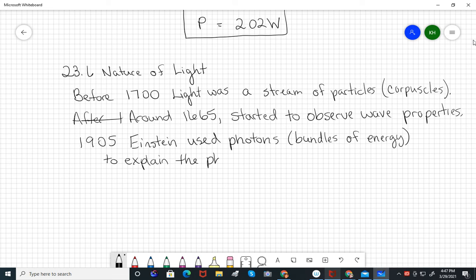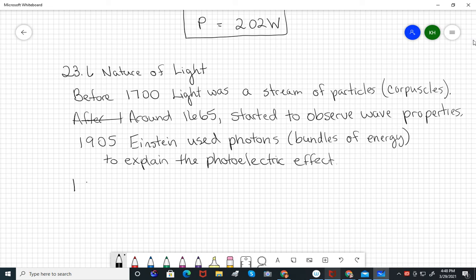I think we're going to do a lab on the photoelectric effect. I'm not sure. So we've gone from light as a stream of particles to, no wait, light is a wave. Look at all these wave properties it has. Back to, oh yeah, but waves won't explain the photoelectric effect. If I'm going to explain the photoelectric effect, then I need to use the idea of light as particles or photons. And it really got confusing.